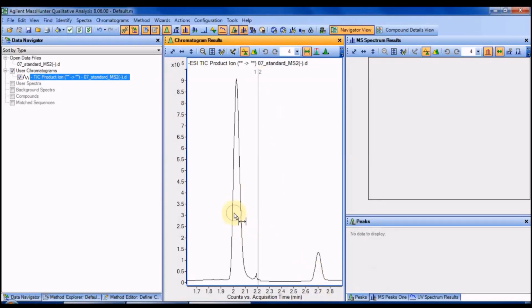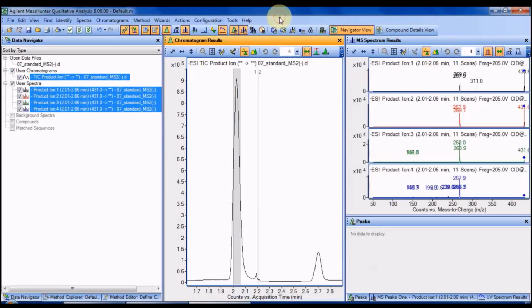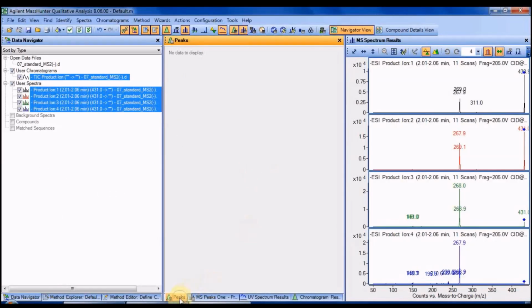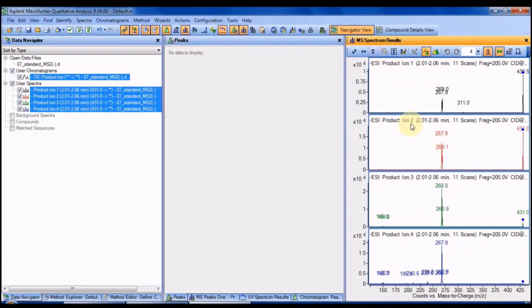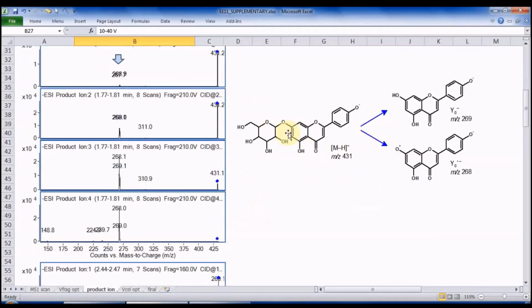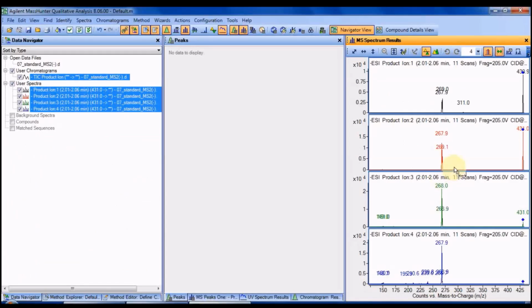In the spectra of apigenin 7-O-glucoside, there is only one abundant fragment corresponding to sugar loss, so to this reaction. So to ensure high sensitivity, we will use ion at m/z 268.